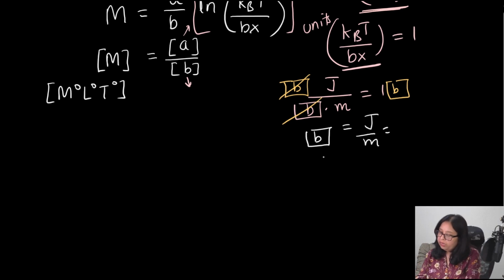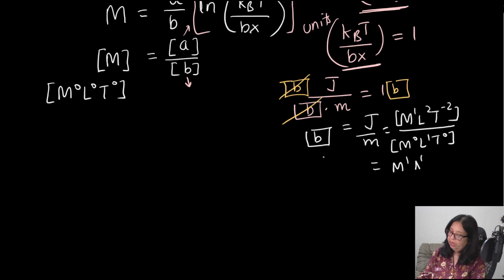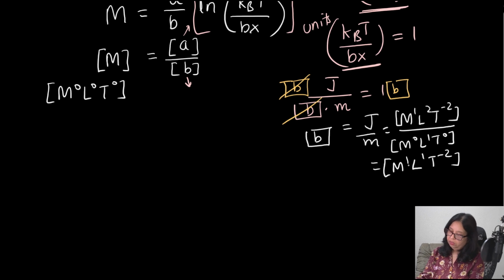I know that joule is equal to M1L2T minus 2, divided by meters, M0L1T0, which gives me M1L1T minus 2. This happens to be force actually.